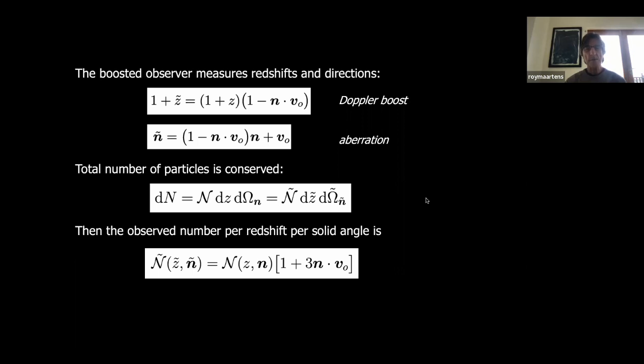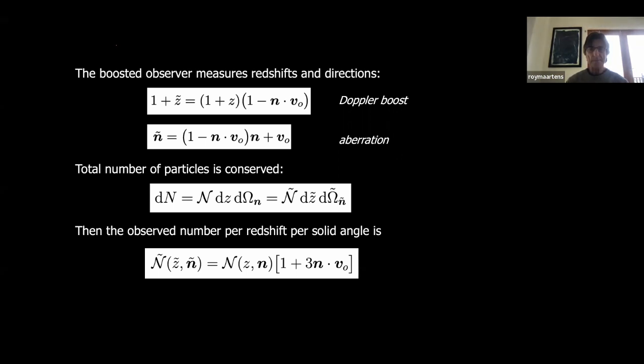So using this conservation of particle number, we can derive the fact that the boosted observed number density n tilde is the non-boosted n times a factor 1 plus 3 times n dot v_0. Very simple result.